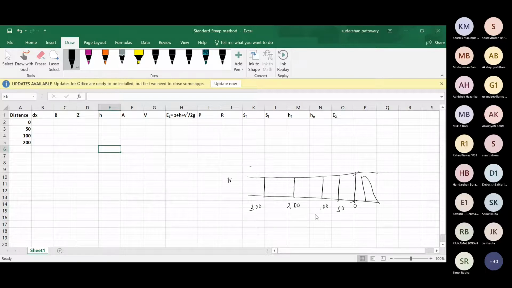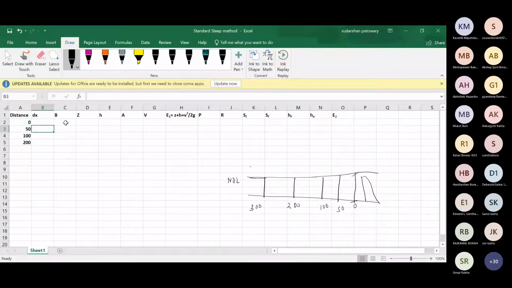So now you first have to calculate delta x. For this step, your delta x will be 50, isn't it? 50 minus 0 is 50. Delta x is 50.